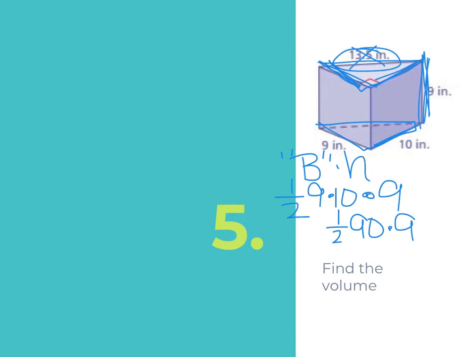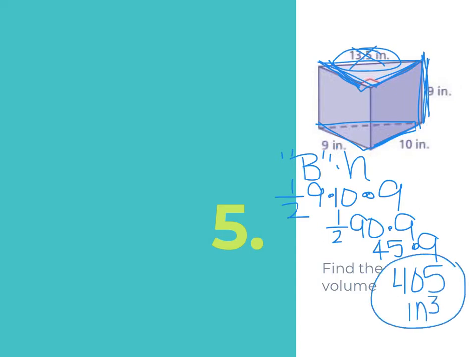So half of 90 gives us 45 times 9, and 45 times 9 gives us 405. So 405 inches cubed. Super.